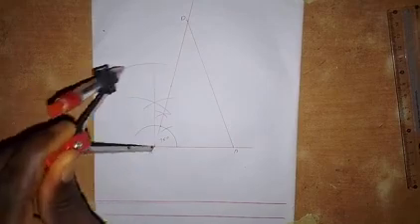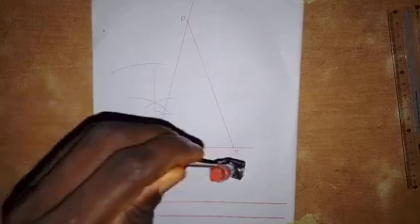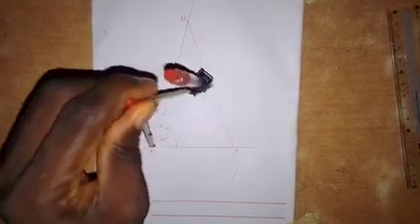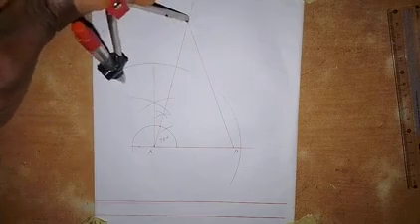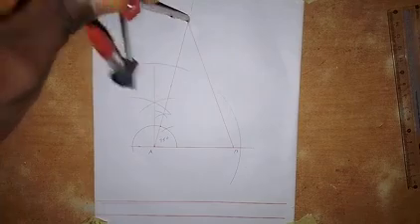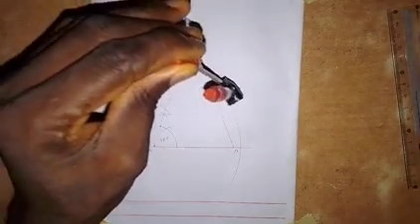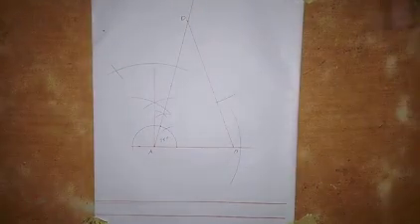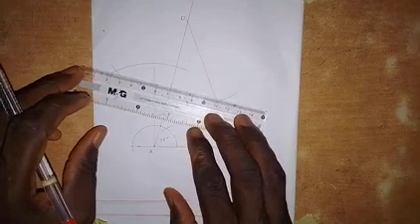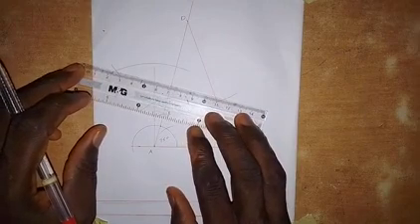Draw an arc here, and an arc here. Then put it at point D, and make an arc here, and an arc here. Alright, so we draw the bisector of AD. Join the point of intersection of the arcs together.